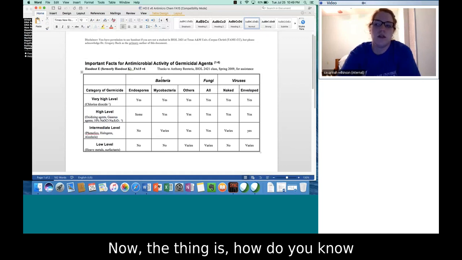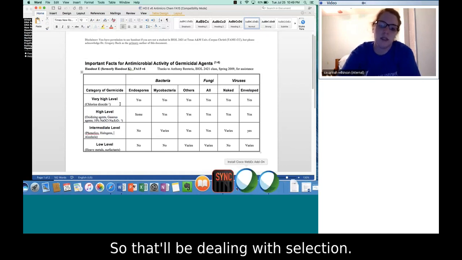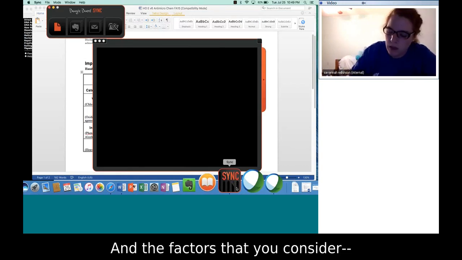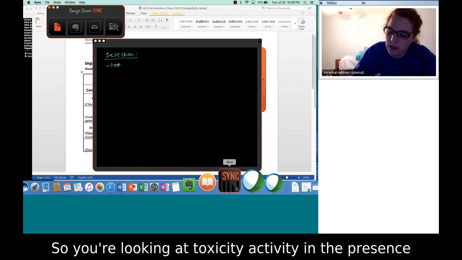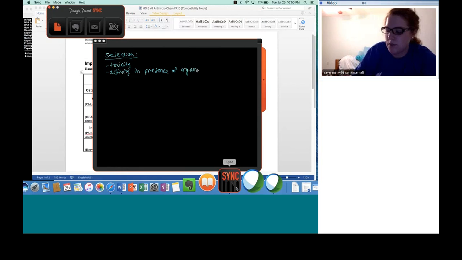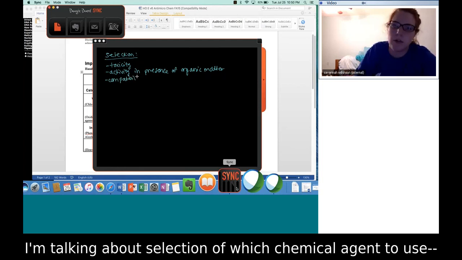Now, the thing is, how do you know which germicidal agent to use? So that'll be dealing with selection. And the factors that you consider in the selection are the following. So you're looking at toxicity, activity in the presence of organic matter, and whenever I'm saying selection, I'm talking about selection of which chemical agent to use.